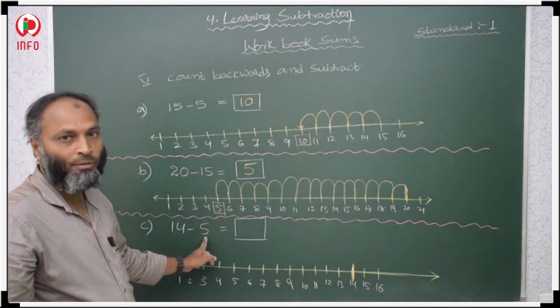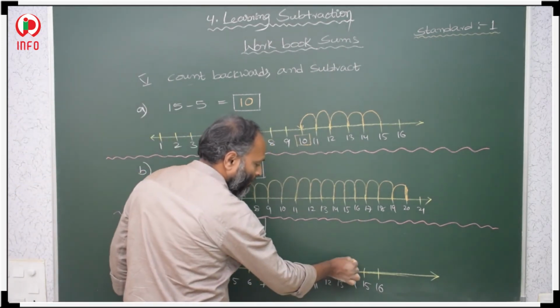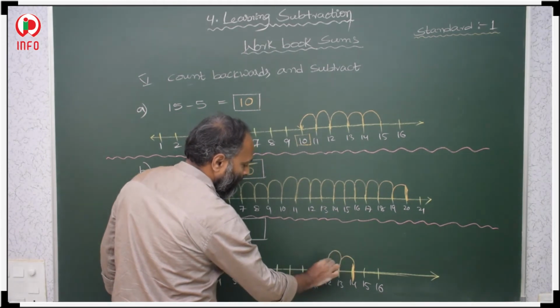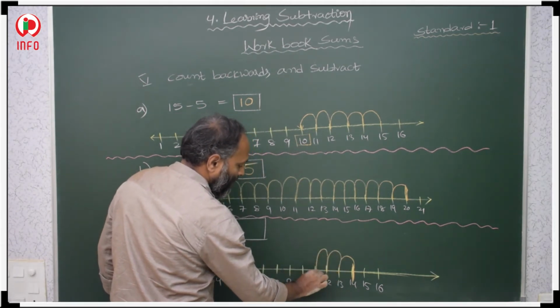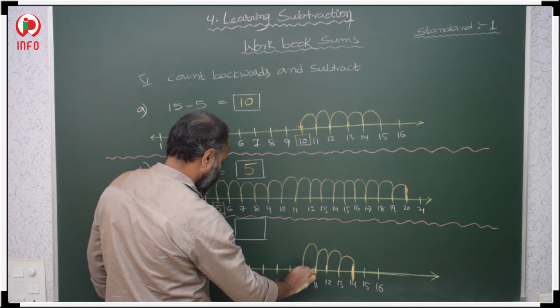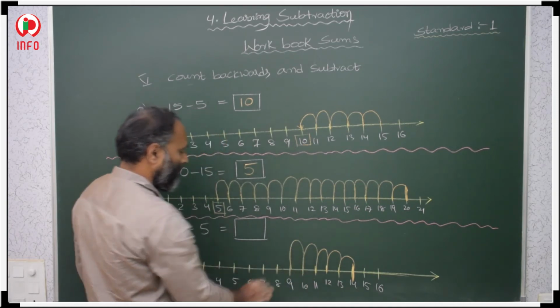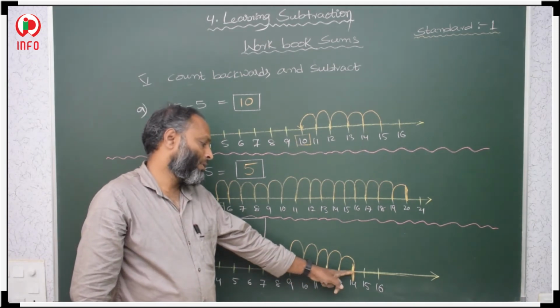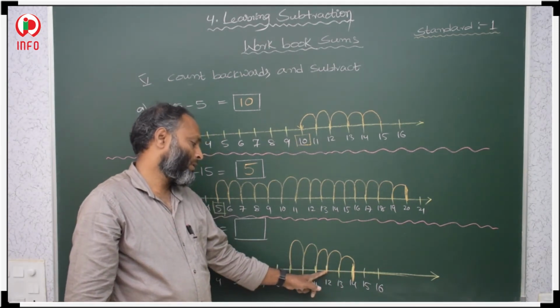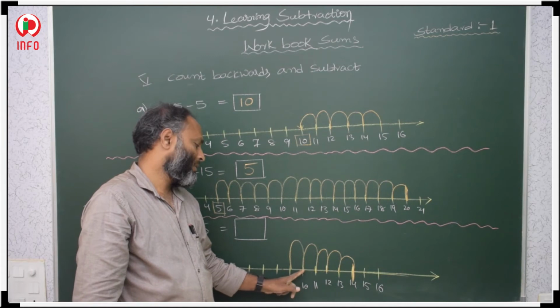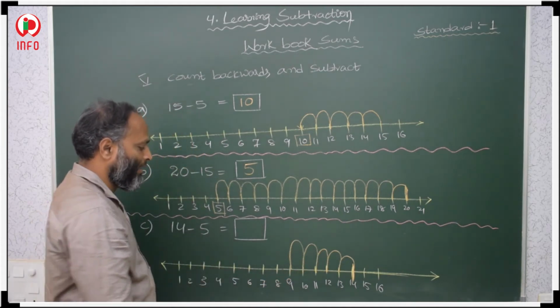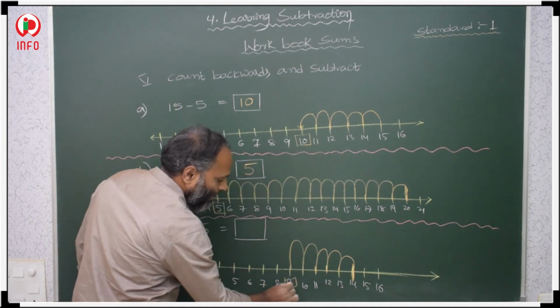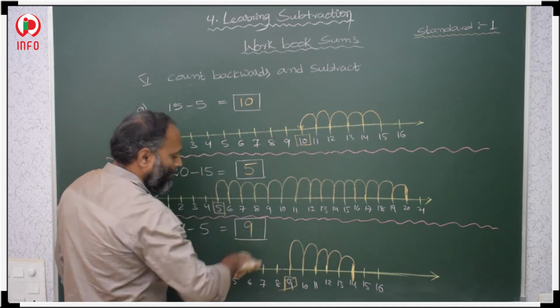So then 5 count back. 1, 2, 3, 4, and 5. 5 numbers. The answer is 9.